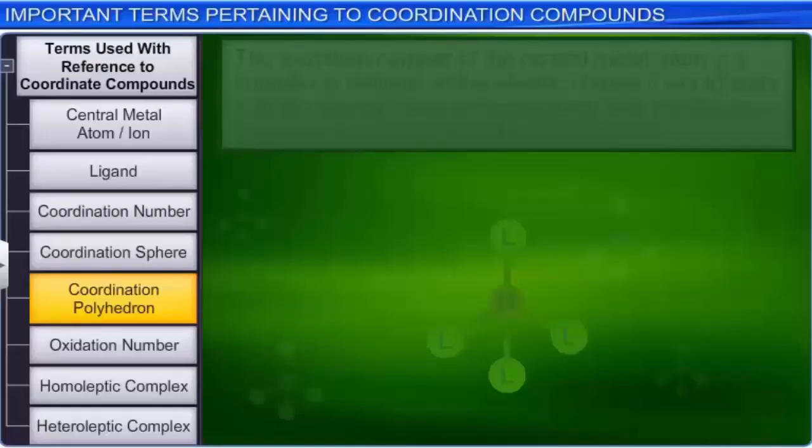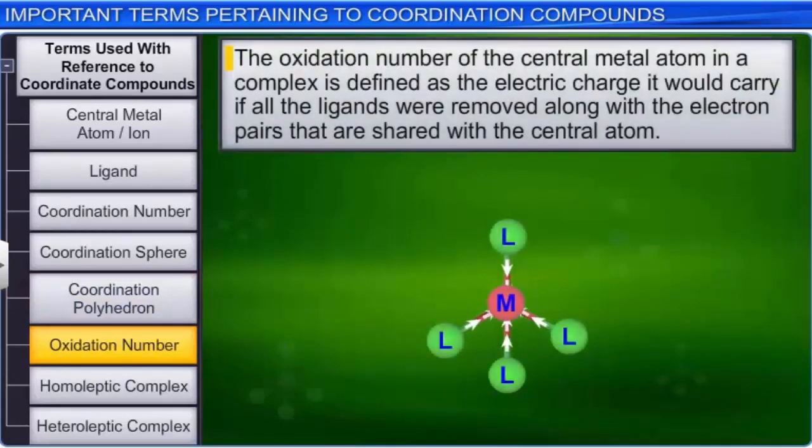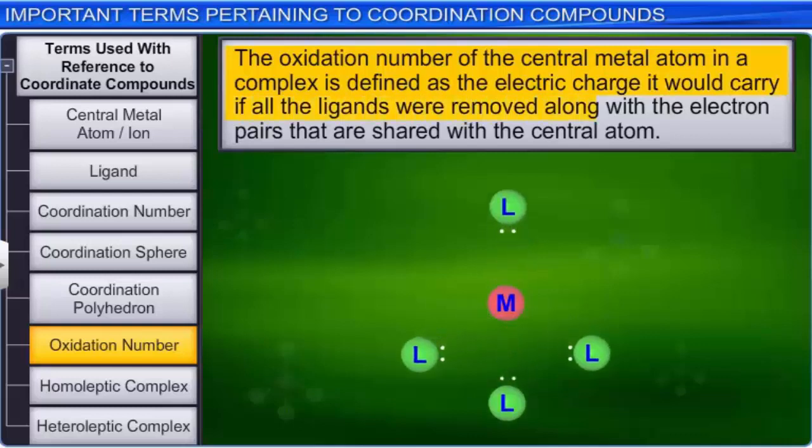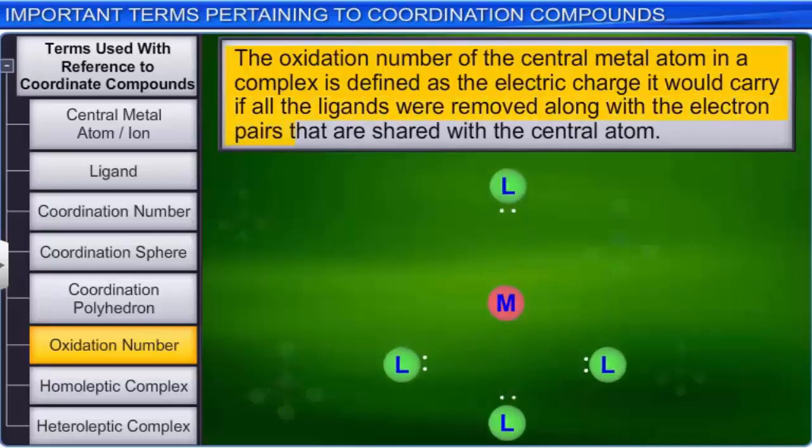One of the most important terms we often use is the oxidation number of the central atom. The oxidation number of the central metal atom in a complex is defined as the electric charge it would carry if all the ligands were removed along with the electron pairs that are shared with the central atom.